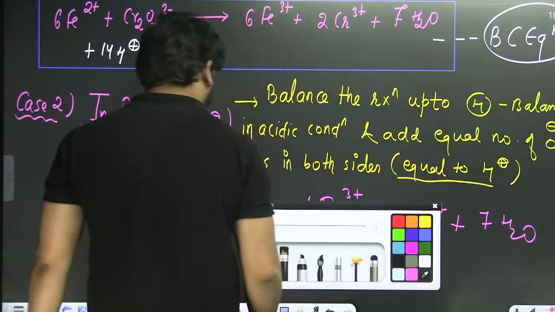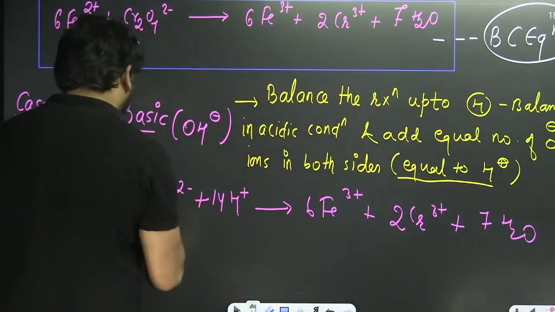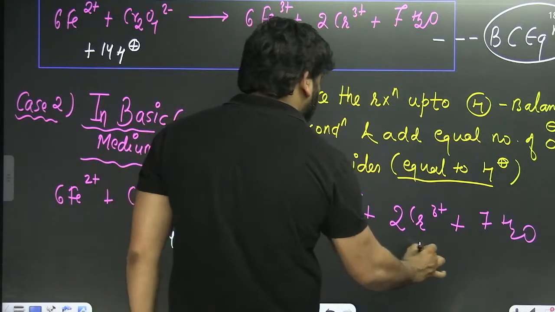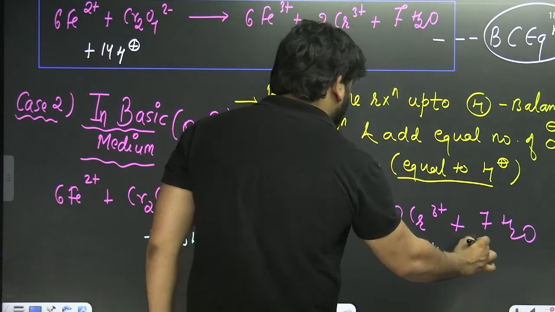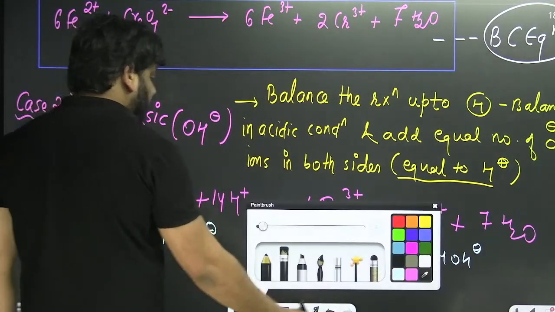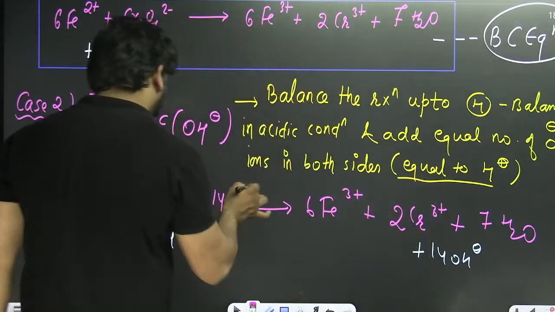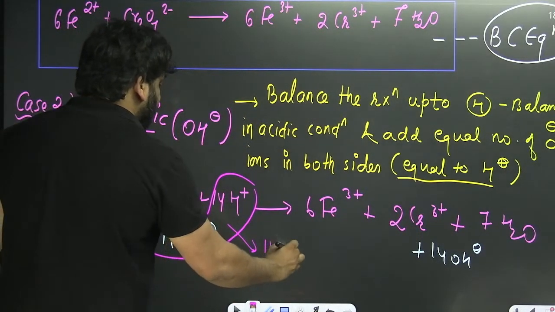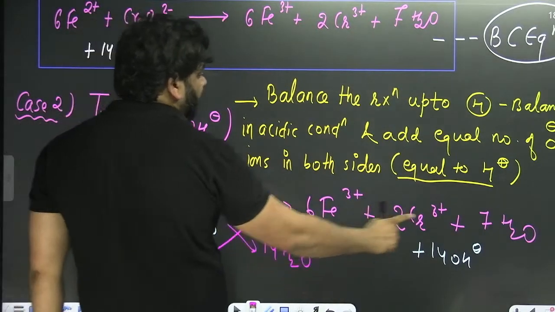So you are adding 14 OH minus here, and you're adding 14 OH minus here. After adding 14 OH minus, this portion has become equal to 14 H2O. 14 H2O are here, 7 H2O are here.